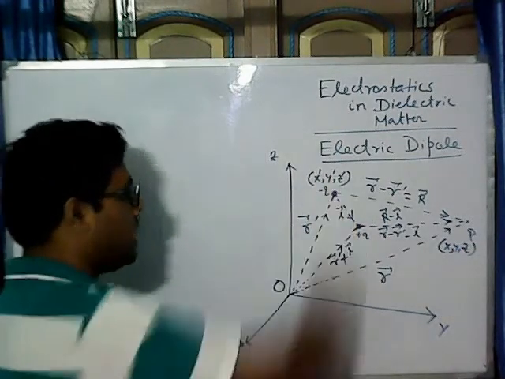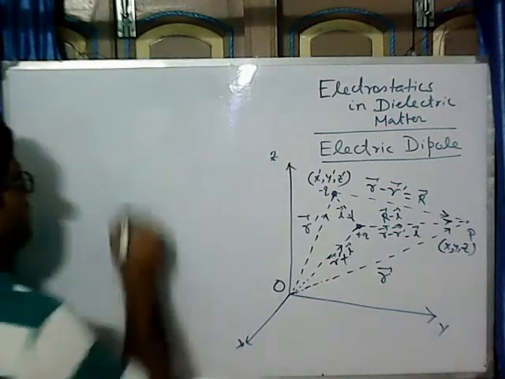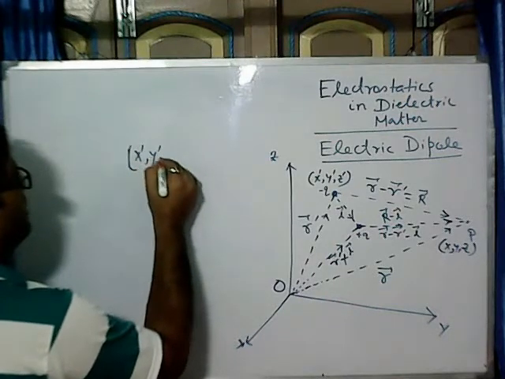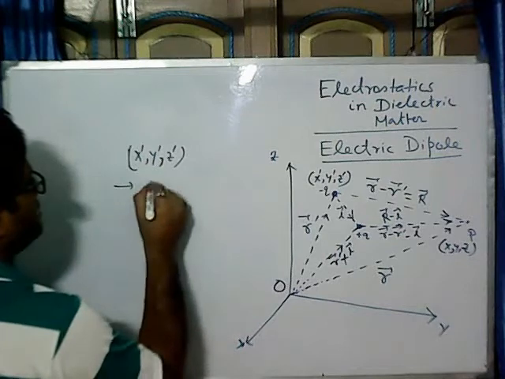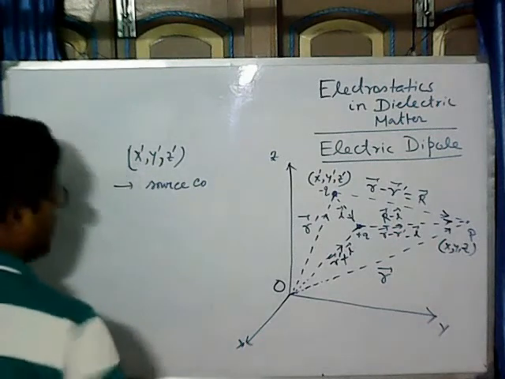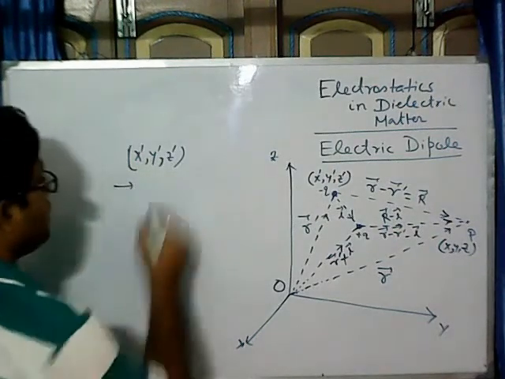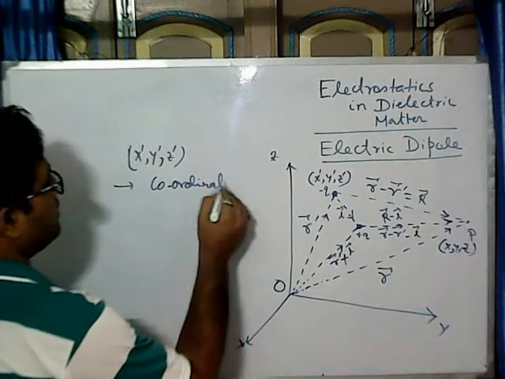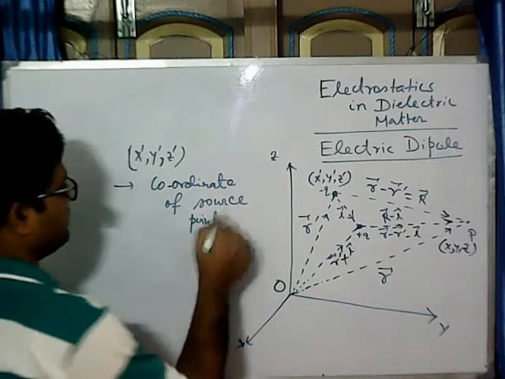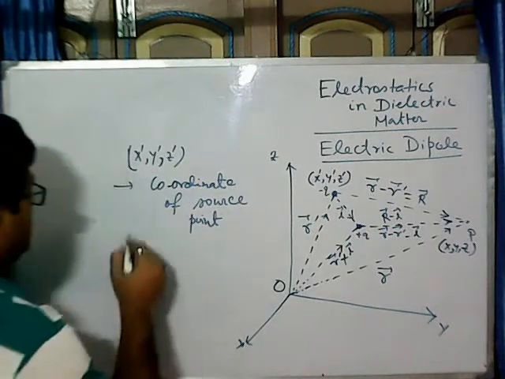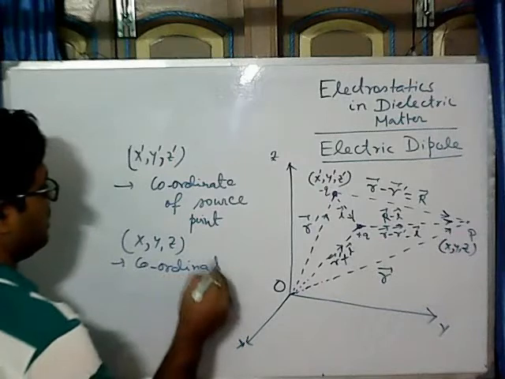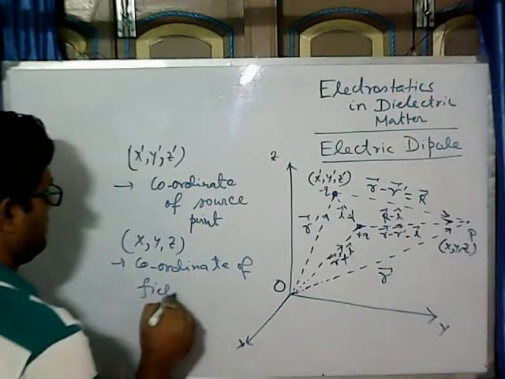So this x prime, y prime, z prime is the coordinate of the source point, and x, y, z is the coordinate of the field point.